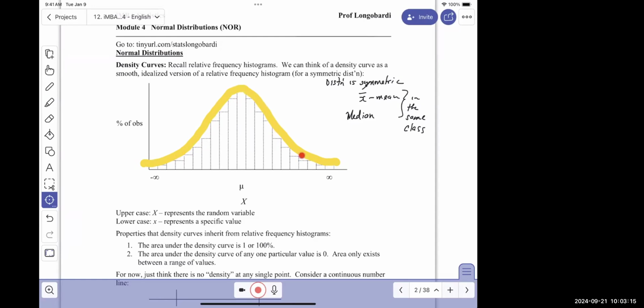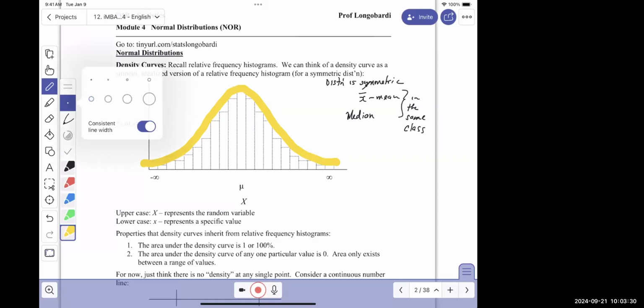It would fill in all the space and this would smooth out. That would happen if I had more and more observations. You would have finer and finer rectangles or bars, and that gap would fill in. So that's what you visualize, and that's what you're supposed to think about.